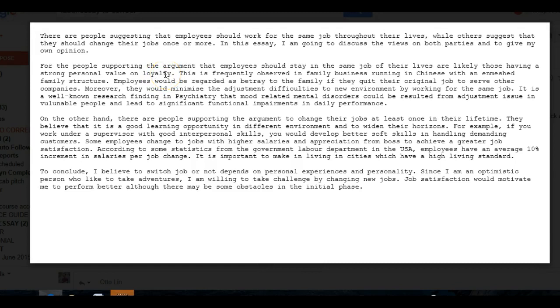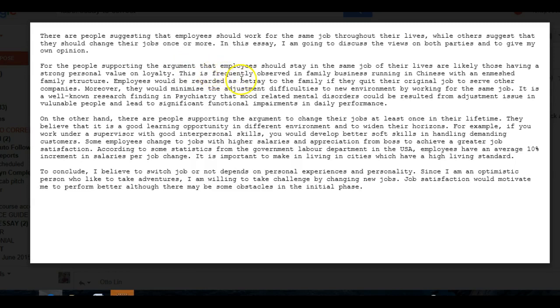I think you meant something like, for the people supporting the argument that employees should stay in the same job for all of their lives, it is likely they place a high value on loyalty. Okay, so I made some changes and then the sentence becomes much more clear.